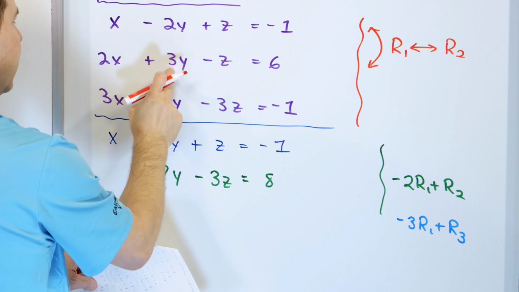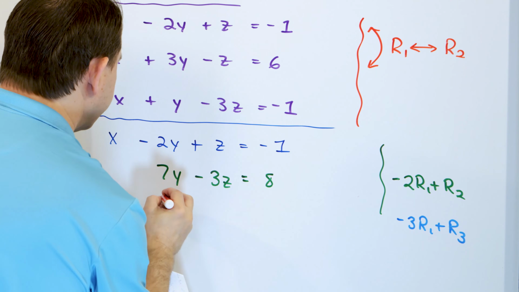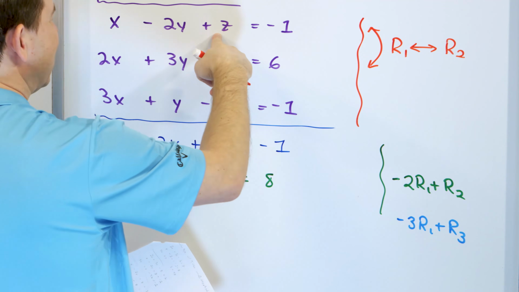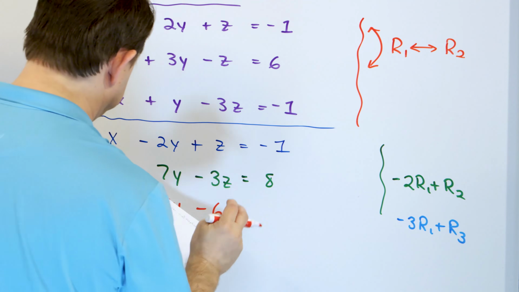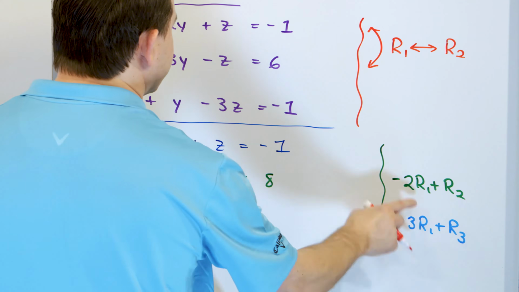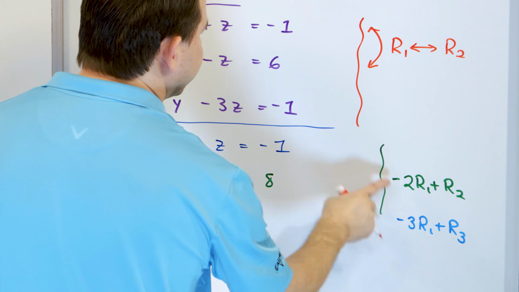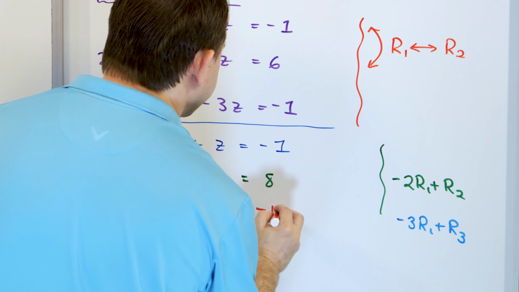Positive 6 plus, we're adding to this equation, 6 plus 1 is 7. So we have 7y. Negative 3 times this equation is negative 3z plus this will give us negative 6z. And then negative 3 times this guy right here is going to give us negative 18. Negative 18 minus 1 is negative 19.